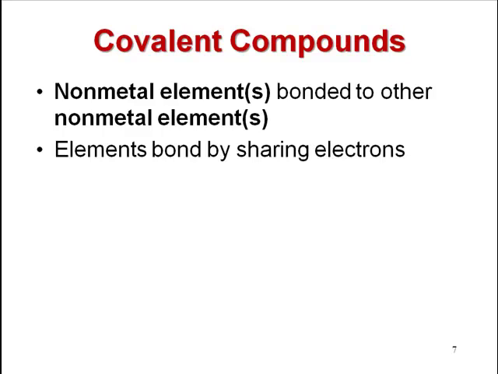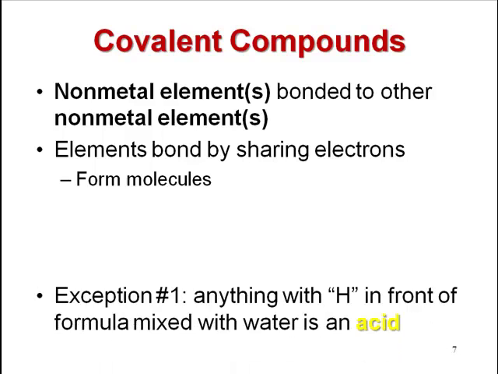The elements bond by sharing electrons, and the electrons have a negative charge, and they are attracted to the protons in another element. And this causes many attractions, which cause the atoms to bond together with the electrons being shared. They form molecules, so the definition of a molecule specifically has to do with covalent compounds.